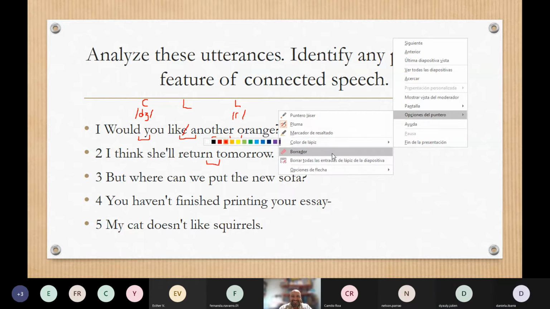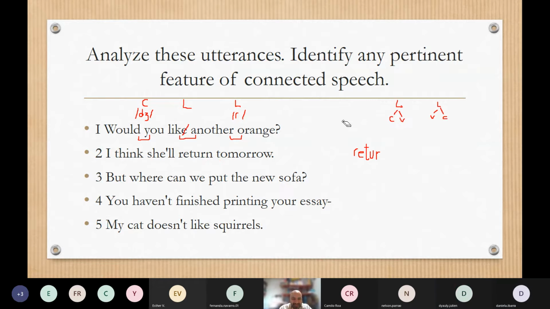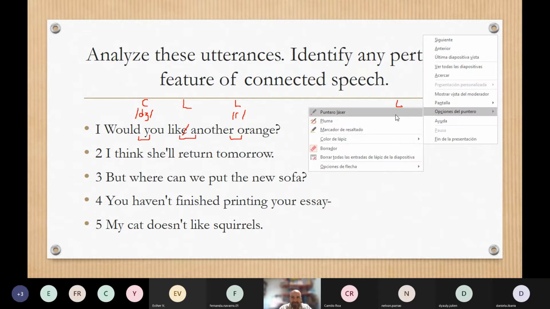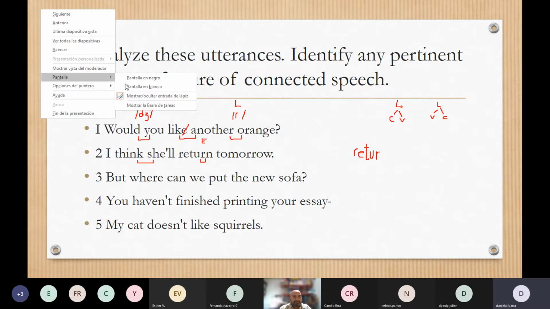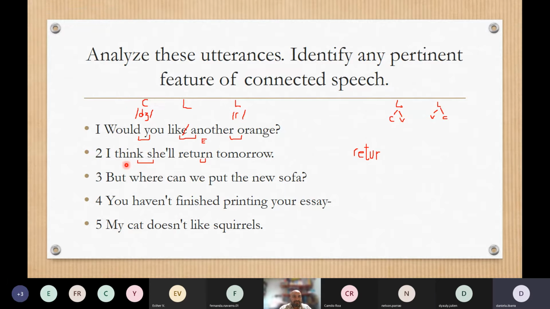All right, so I'm going to erase this. I'm going to mark the other option that you said, elision, but this time the sound in "return tomorrow." Okay. Do you see anything here? Do you perceive, do you listen to anything in the first part? I think. Anything here?